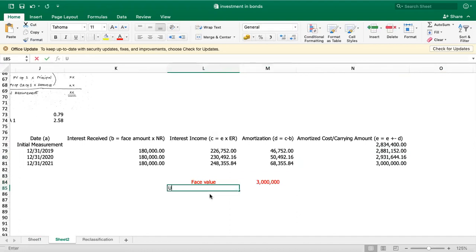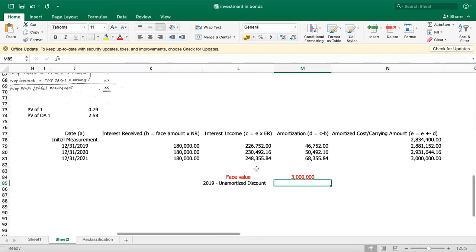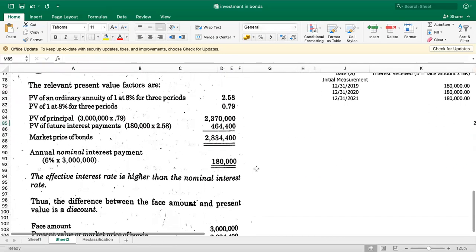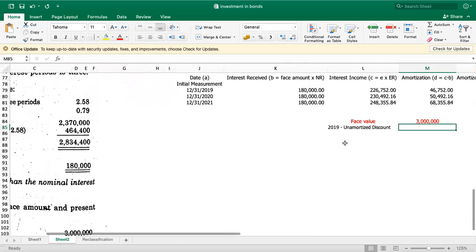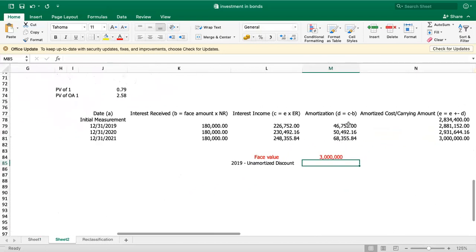Do we have unamortized, di ba? 2019, magkano yung unamortized discount natin? Unamortized. Yung hindi pa na-amortize na discount balance. Okay. Dito, di ba? So, you have your beginning balance of your discount. Meron tayong balance na 165,600. Di ba? 165,600. 2019, ilan yung na-amortize? It is 46,752.